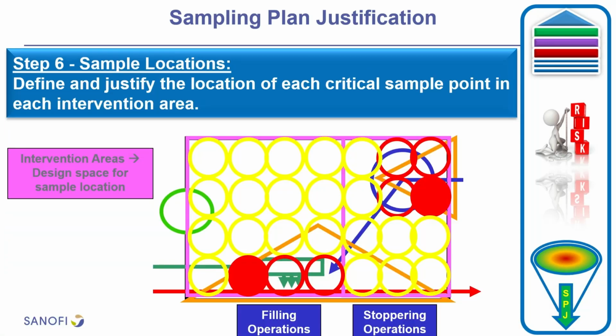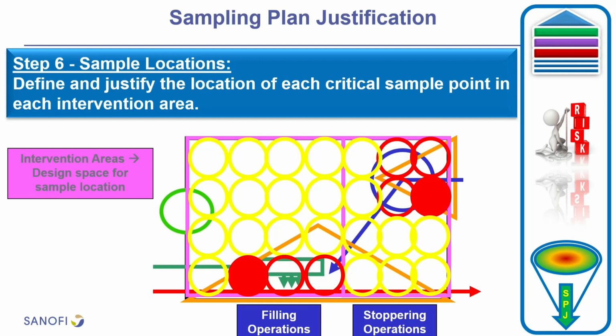Step 6 is very important, sample location. It defines and justifies the location of each critical sample point in each intervention area. From our example of an isolator with 2 areas, filling operations and stoppering operation, we have in the diagram circles that represent sample locations with the diameters of 30 centimeters, 12 inches.